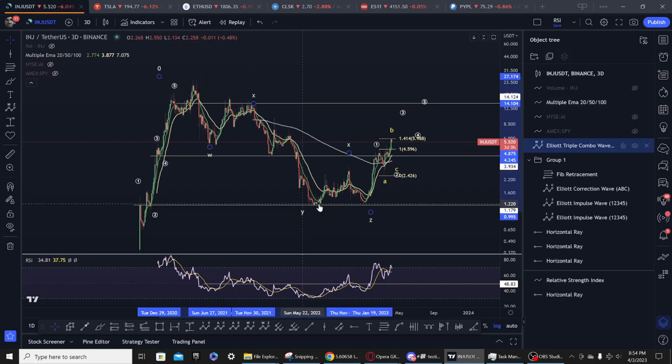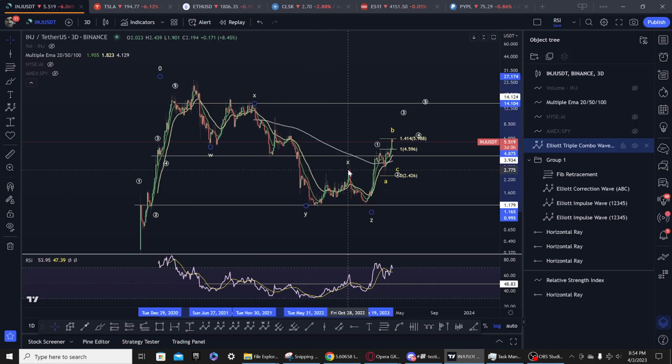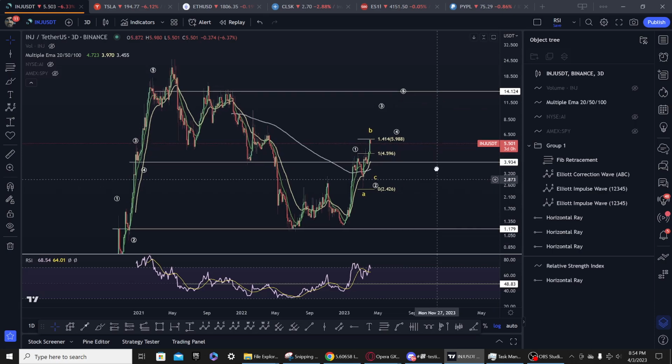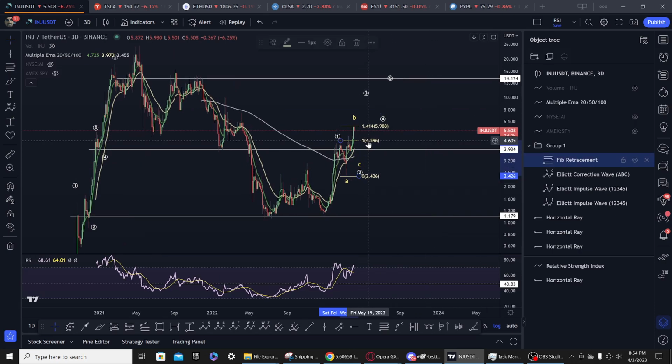But the subdivision doesn't matter now. If you're really into the low time frame division, it doesn't matter too much. What matters is where the impulse starts and begins, right?